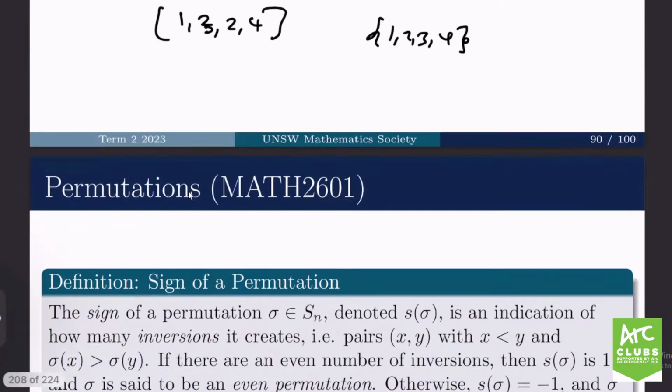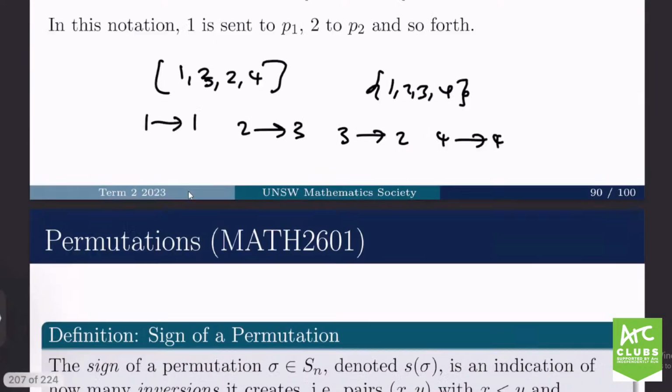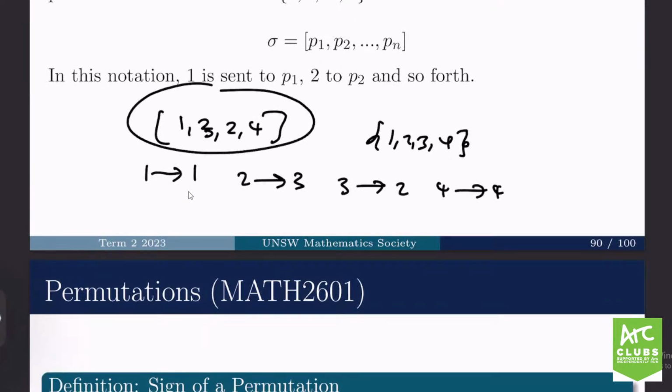In this case, I'm saying 1 gets sent to 1, 2 gets sent to 3, 3 gets sent to 2, and 4 gets sent to 4. That's what this notation is telling me.